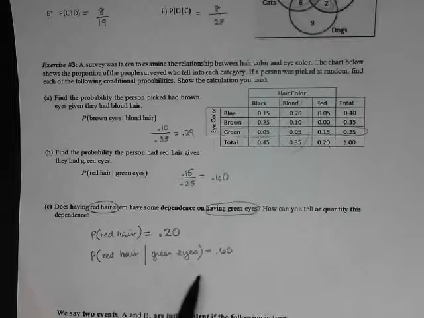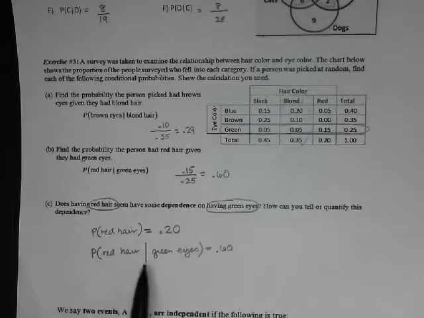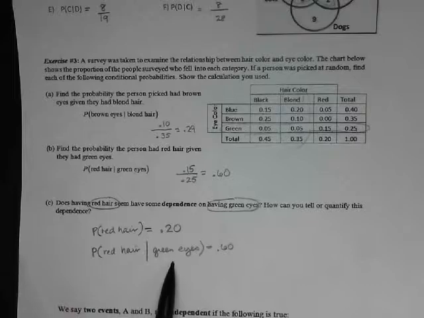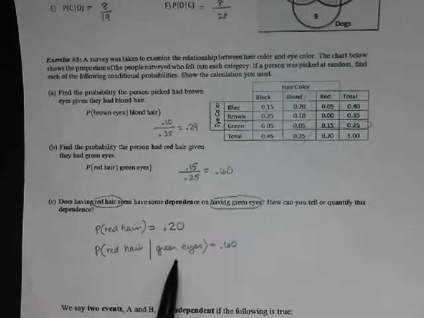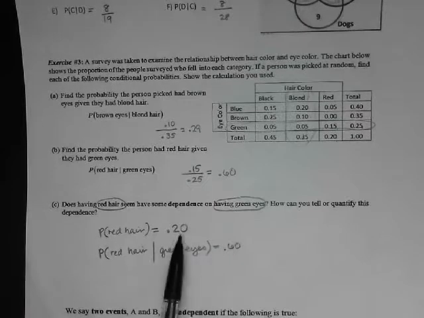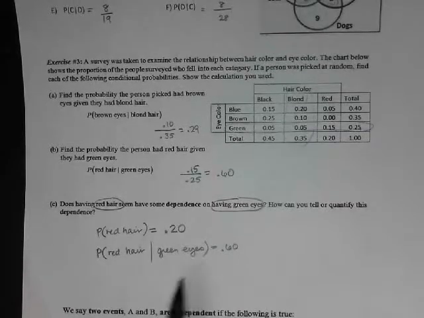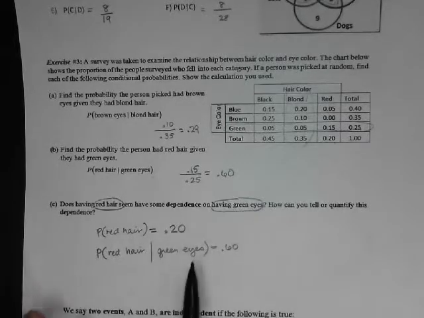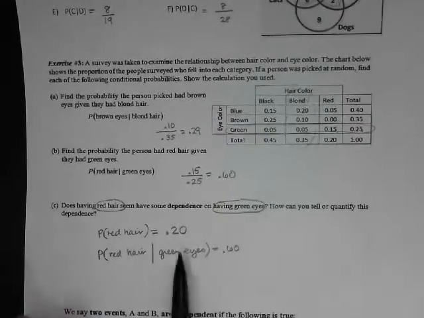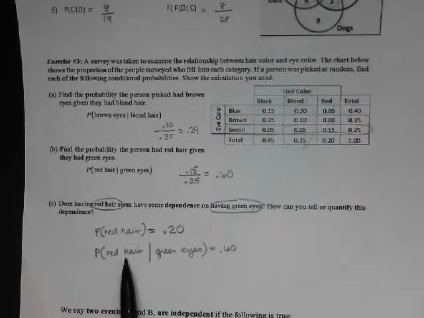The difference is that they're both the probability of having red hair, okay? This one's just for any old person. This is if you have green eyes, and we know that you have green eyes, now what's your probability of red hair? Obviously it skyrocketed, from a 20% chance for an average person to a 60% chance if you have green eyes. If there's a jump between the two, that indicates that somehow this second feature could have made you more or less likely to have red hair.